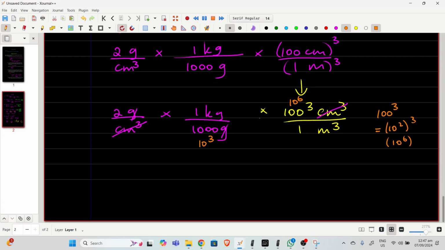So 10 to the sixth power divided by 10 to the third power, in other words 3 tens cancelling off with 3 tens, and I'm going to remain with 10 to the third power. So I'm going to get 2 times 10 to the third kilograms over cubic meters. So it's 2 by 10 to the third kilograms per cubic meter, and that's the conversion done right there.